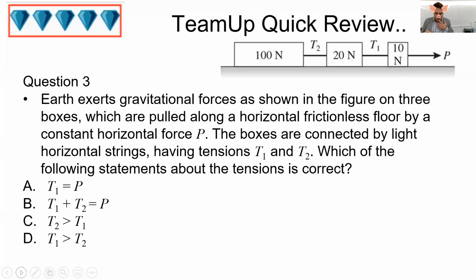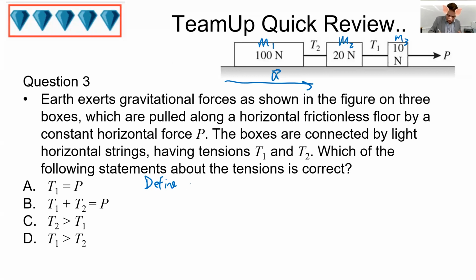And this last one, if I call this M1 and this M2 and this M3, for example, the way I would compare the tensions T1 and T2 is I would define the system. The whole thing is accelerating towards the right with some acceleration.